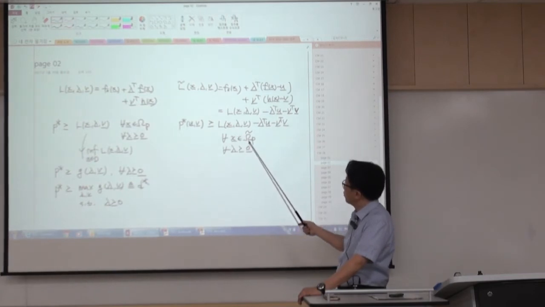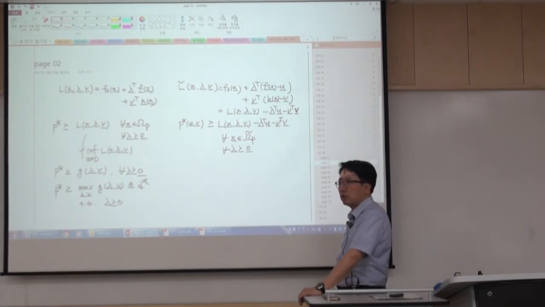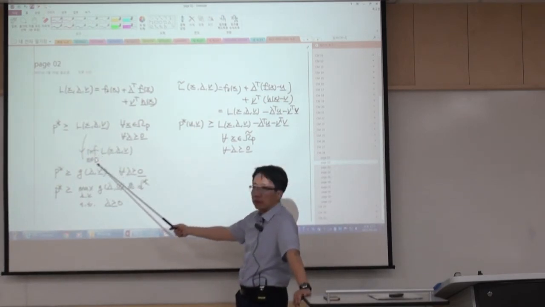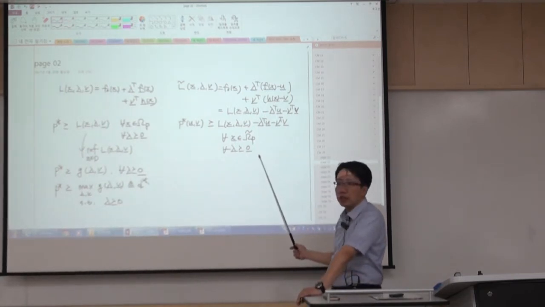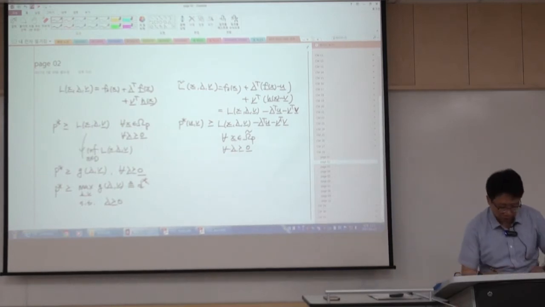But x is different, right? So what do we do? One good thing of choosing D is what? Here you can choose the same D, right? So let's try this.